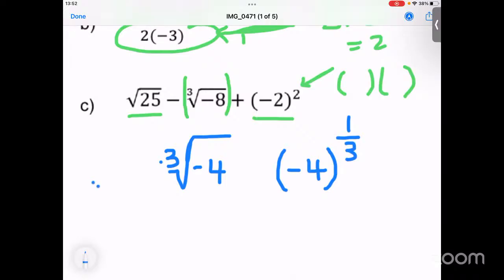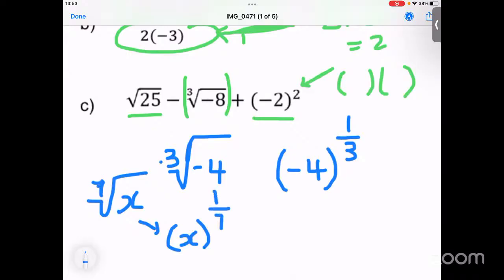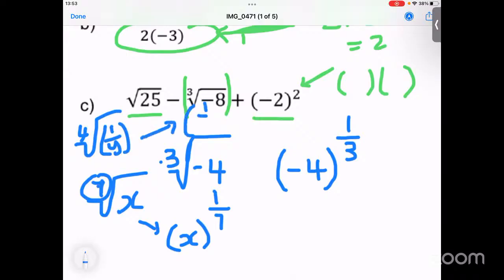So, for example, if you have 7 and then that square root, let's say it's x, this will always be whatever you are having inside the root. Then you will always say 1 over whatever you are having there. Doesn't matter if, let's say, you have 4 there and inside the brackets you have a fraction, maybe 1 over y. This will just be whatever you have inside the brackets to the exponent of 1 over that.